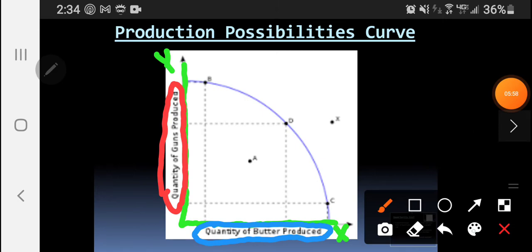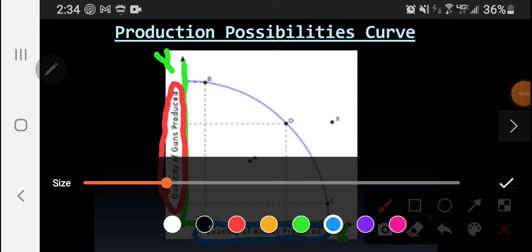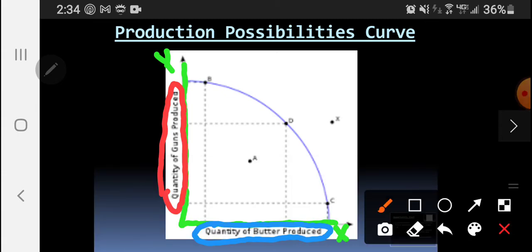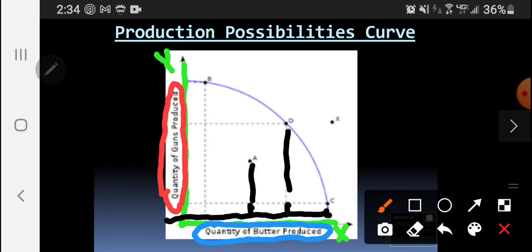So let me choose another color here. Let's use good old black. The further we go to the right to get underneath a point, whether it's A or C or D, see, we're right underneath these points. The further we have to go to the right to get underneath these points, that's the more butter that we're actually producing. And it works the other way around.